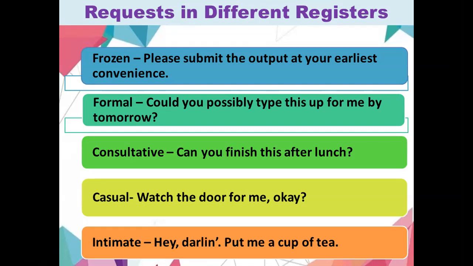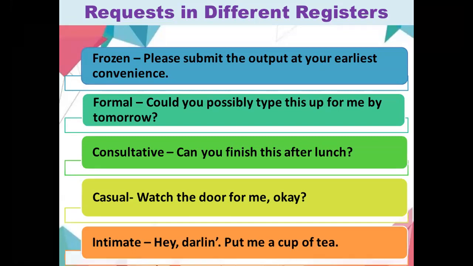Consultative is the use of conversation, giving of ideas, information, and requests in a consultative manner, with respect in tone. Casual language is the language of friends and immediate family, and of course intimate is the language of lovers.